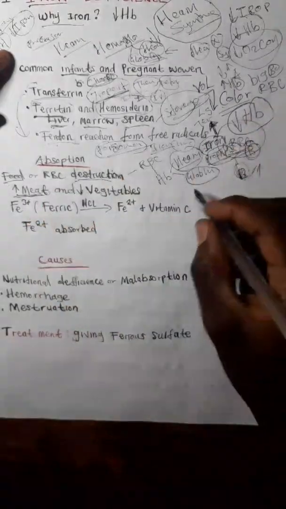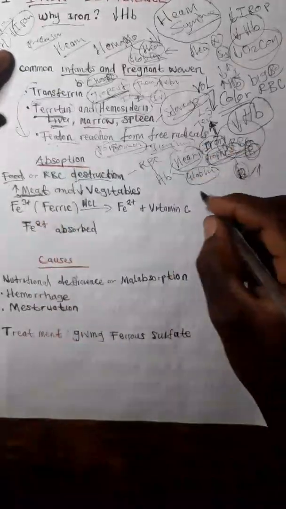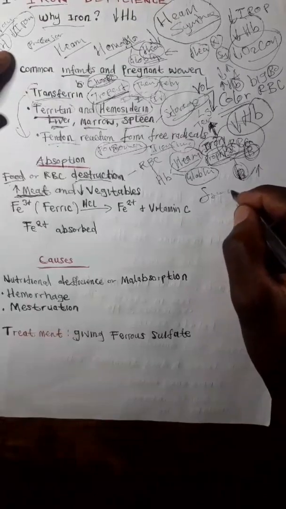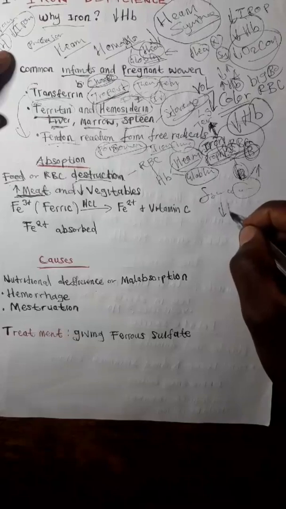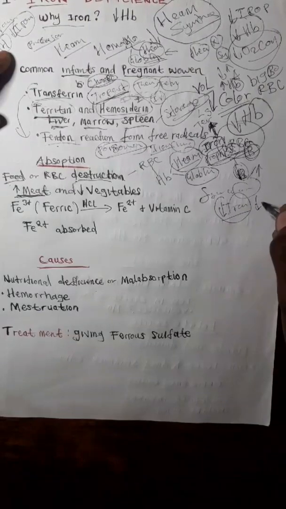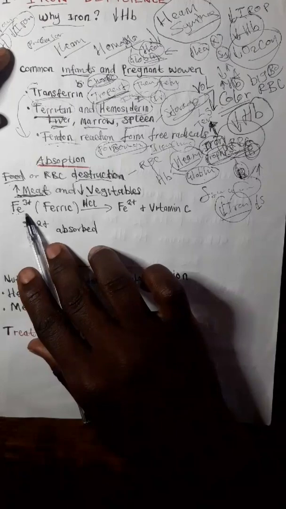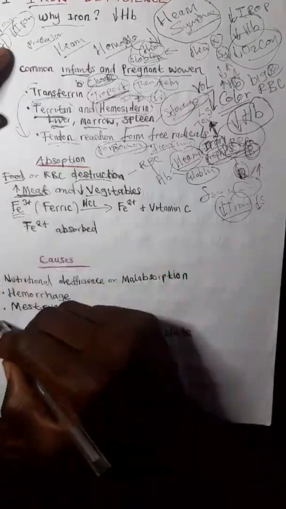So this means that vegetarians are at risk of suffering from anemia because of the reduction in iron, because vegetables contain a small amount of iron as compared to meat. When we take in food, we take in iron 3.